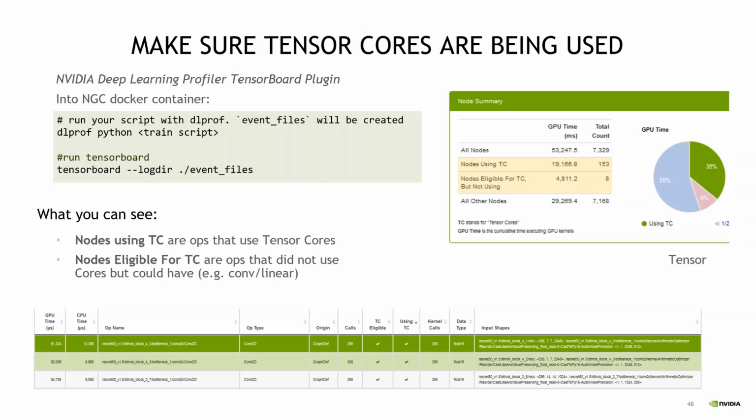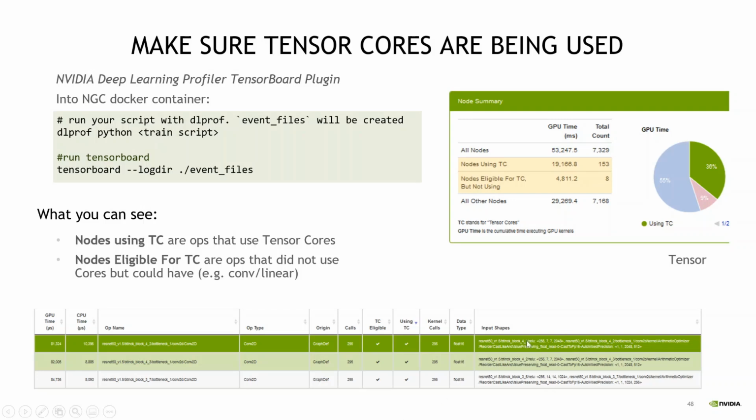And the last thing, how to make sure that you are using TensorCores in your training pipeline. The simplest way is to use the NVIDIA Deep Learning Profiler TensorBoard plugin in the latest NVIDIA NGC containers. You can run your code with dlprof.